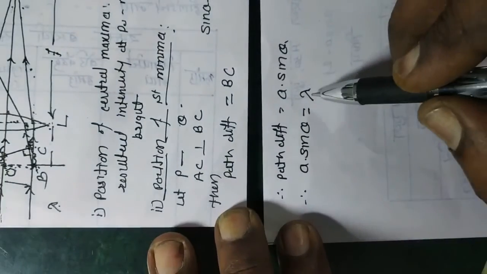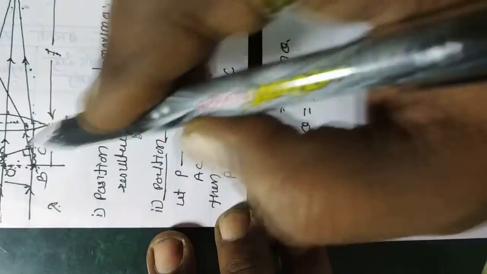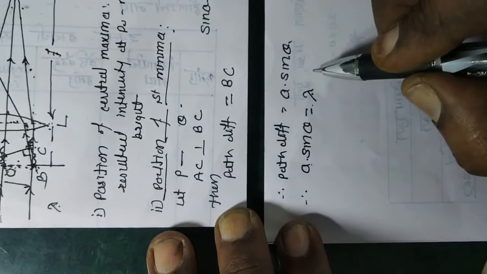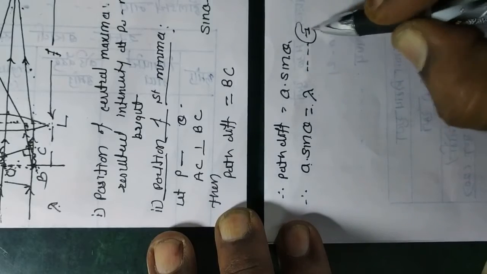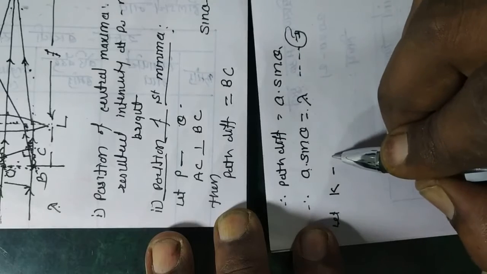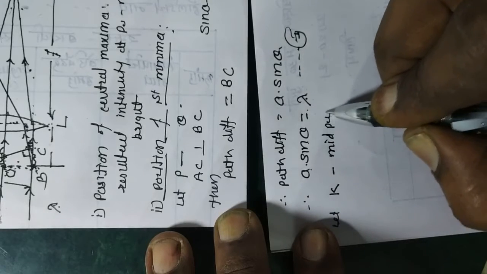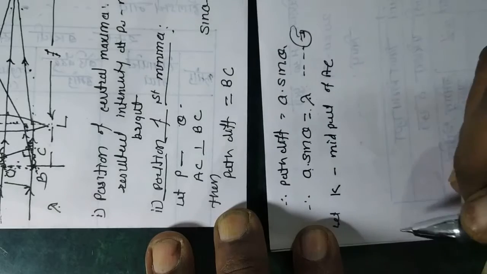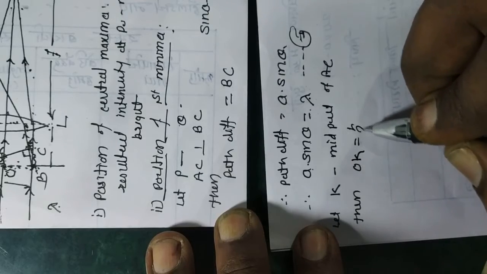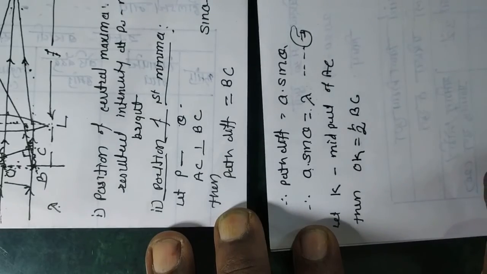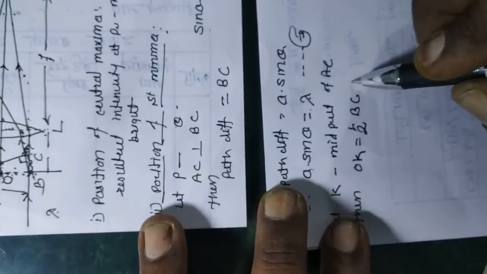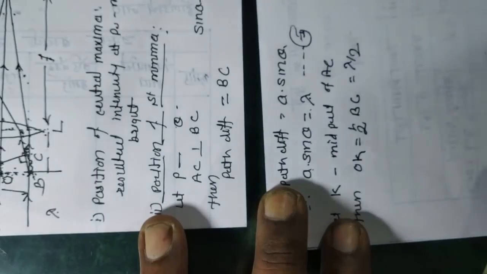Suppose this path difference is lambda. From this triangle, BC is equal to a sin theta. Therefore a sin theta is equal to lambda; suppose this is equation number 1. Let K be the midpoint of AC, then OK is equal to half of BC, which is equal to lambda by 2.